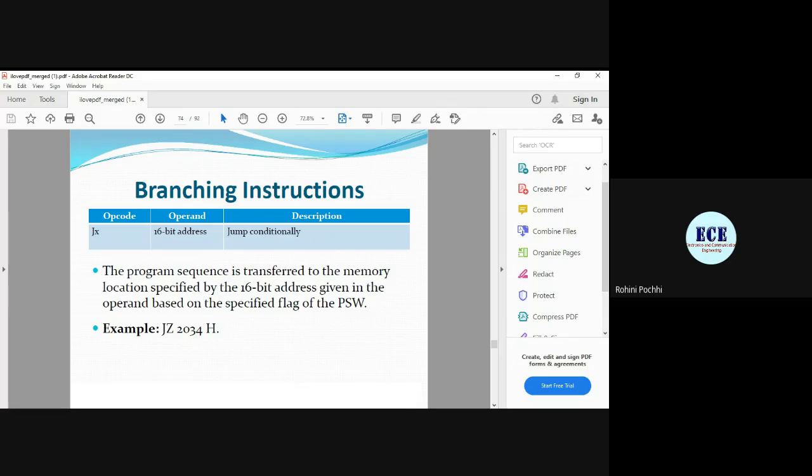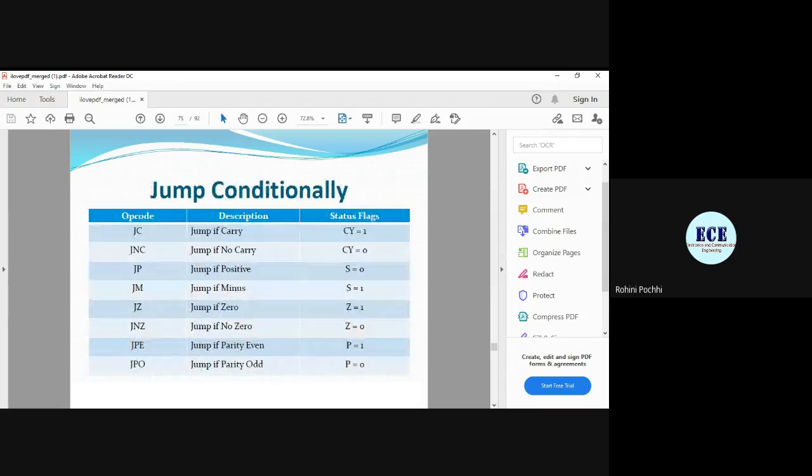JX is jump conditionally. The program sequence is transferred to the memory location specified by the 16-bit address given in the operand based on the specified flag of PSW. Here, the jump conditionally opcodes are there. JC means jump if carry. JNC means jump if not carry.